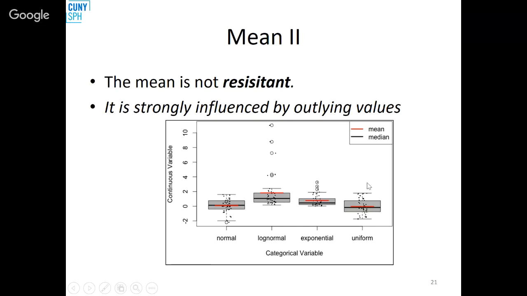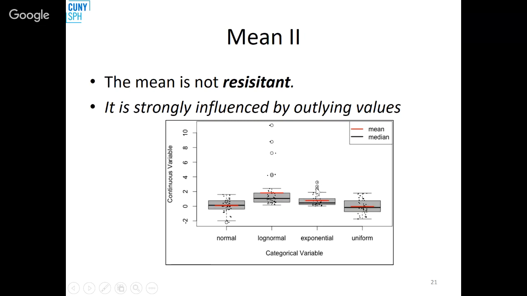The exponential distribution, it's the exponential of a uniform distribution. So if you start with uniformly distributed data, take the exponential, you get an exponential distribution. So it's starting with a uniform distribution instead of a normal distribution.